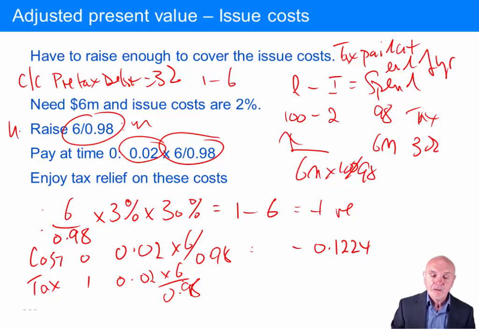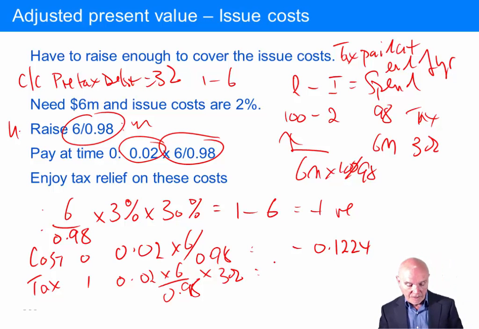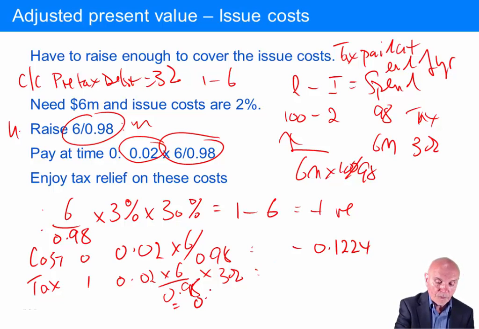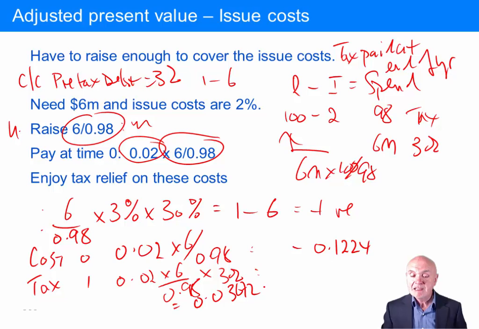That's the cost we actually have to pay. And the tax relief we're getting on this is 30%. So here we have 0.1224 times 0.3, which is equal to about 0.03672. But that is going to be a time 1 saving.